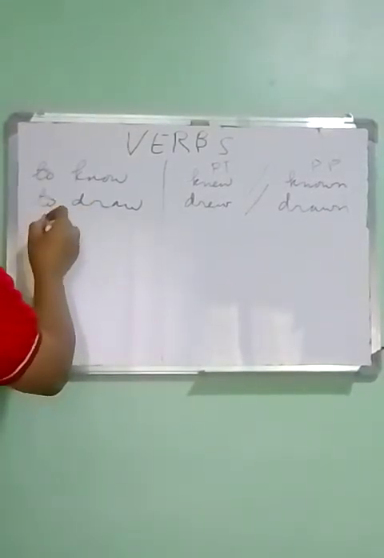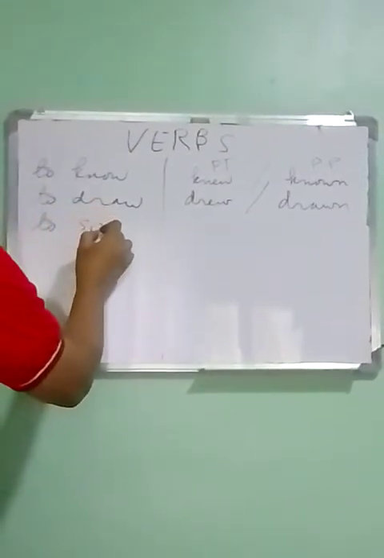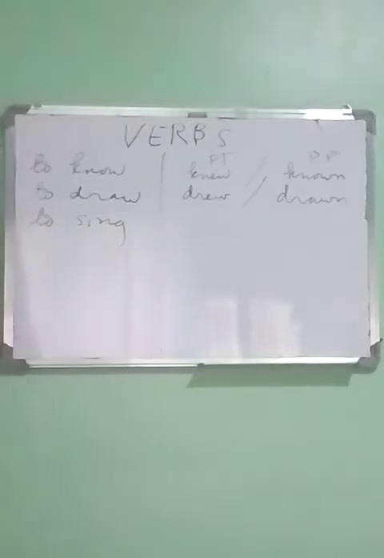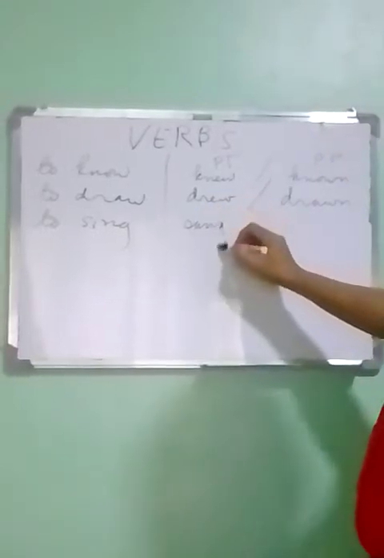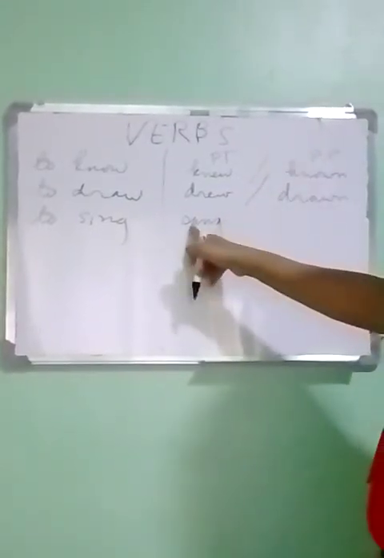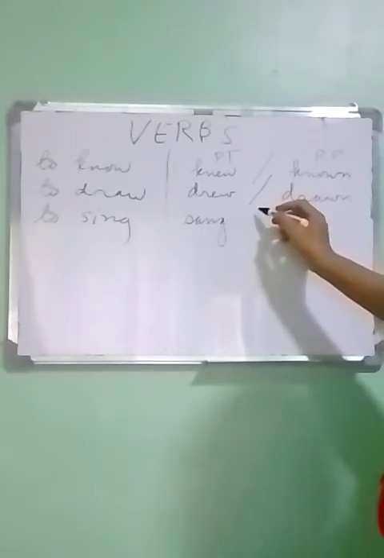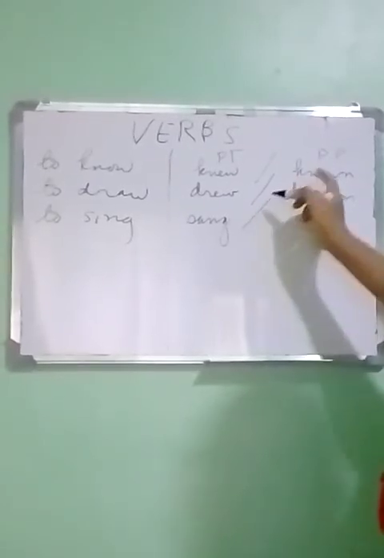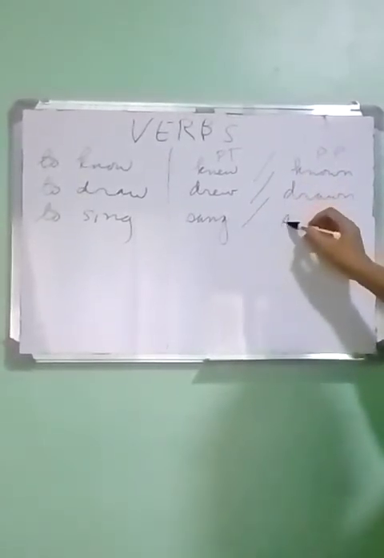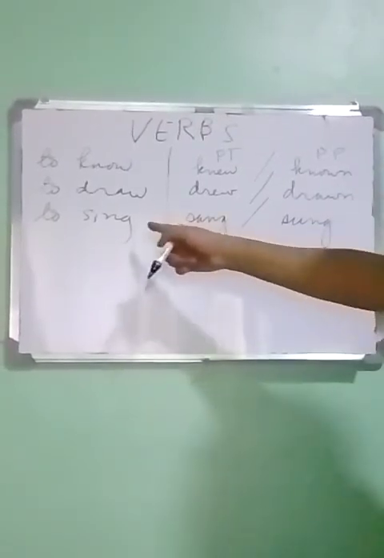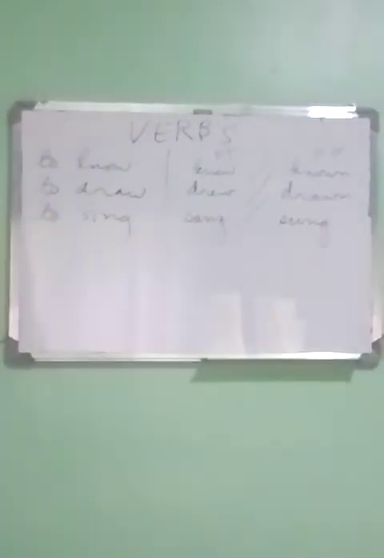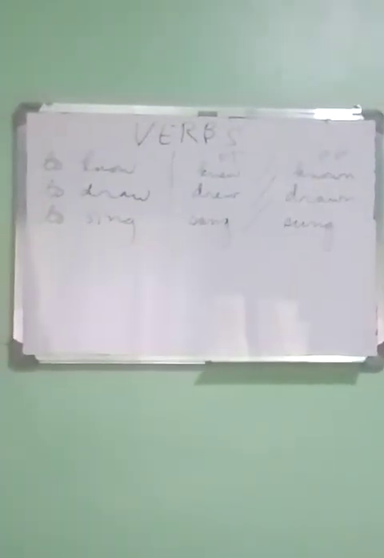Another irregular verb, to sing, for instance. The past tense of to sing is sang. Remember, A, sang. Then the past participle would be sung. Also, this verb did not follow a typical or regular pattern.